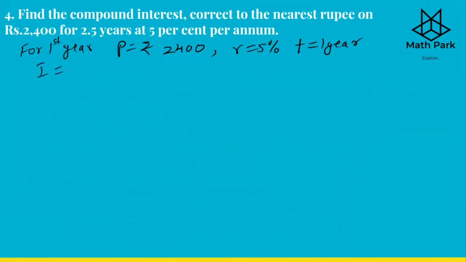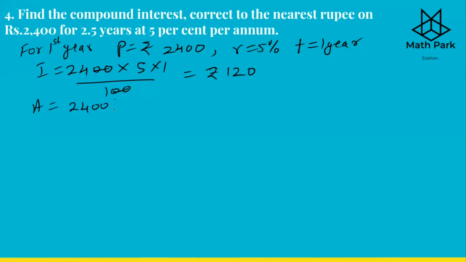So we find interest is equal to 2,400 into 5 into 1 upon 100. So we get 24 into 5, we get rupees 120. So you get amount is equal to 2,400 plus 120, which is 2,520 is the amount.